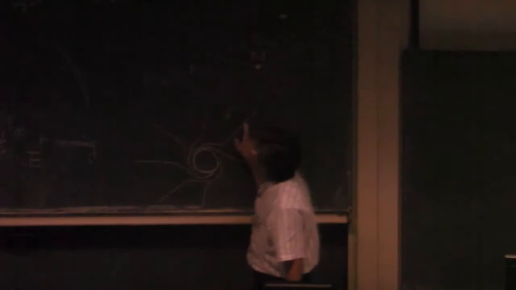So you can see that each leaf which sits outside the tubular neighborhood is diffeomorphic to the Thurston cubic surface. So the exterior component is foliated by the cubic surfaces.